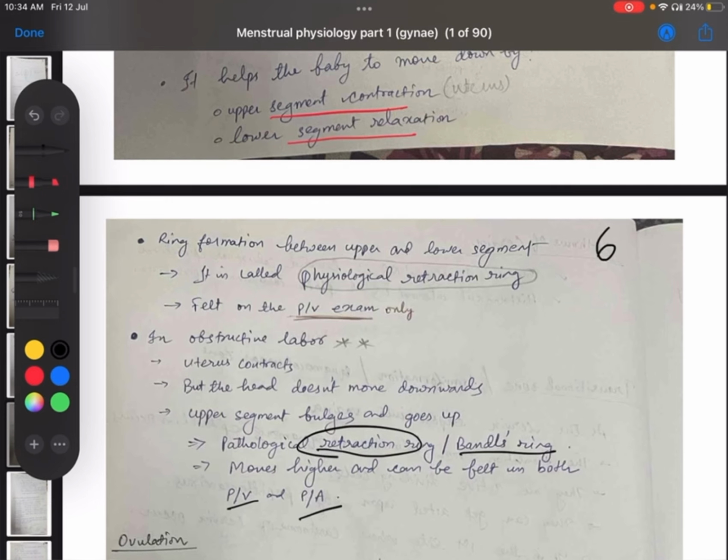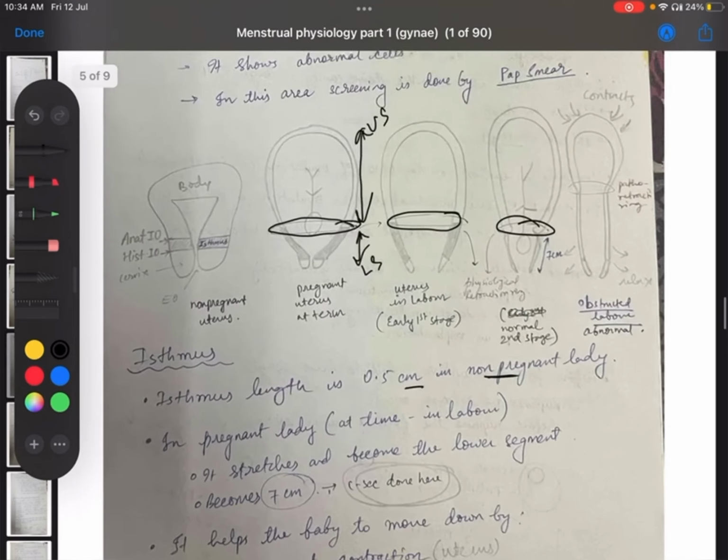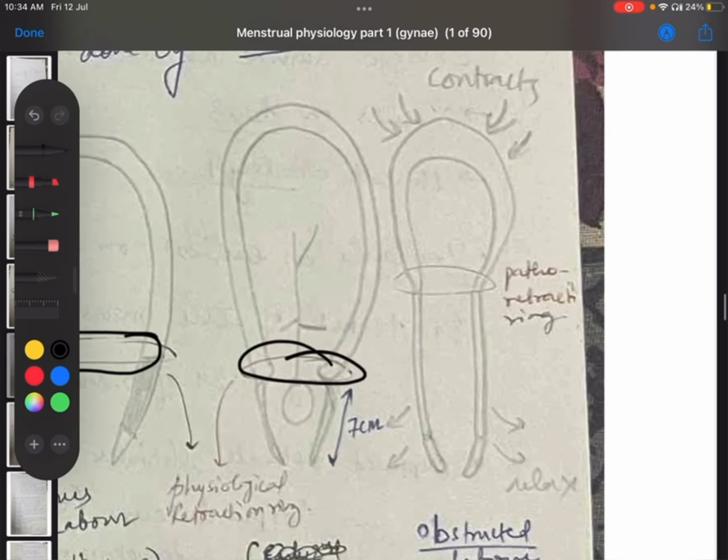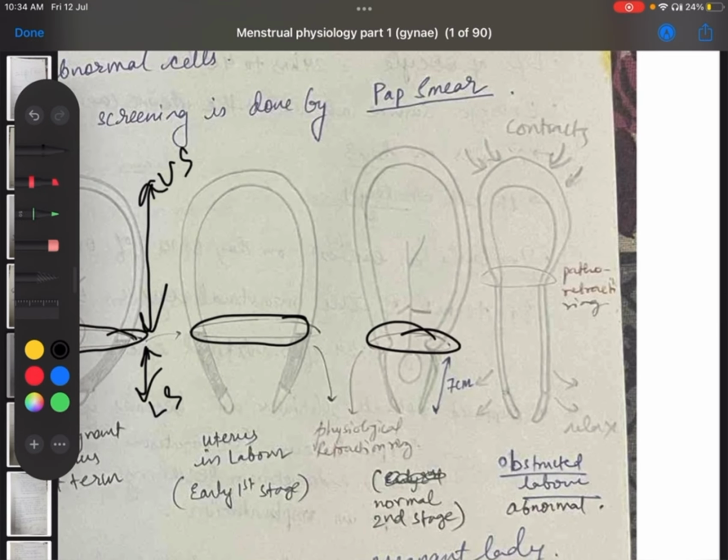So basically, in obstructed labor, let us see the diagram first. This is the obstructed labor, which is the abnormal condition. Here, what happens?